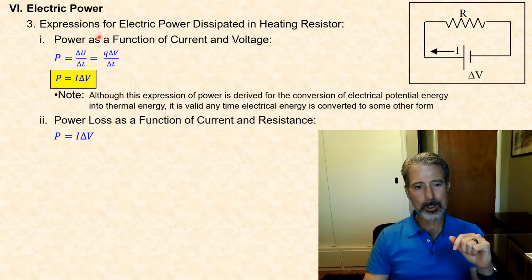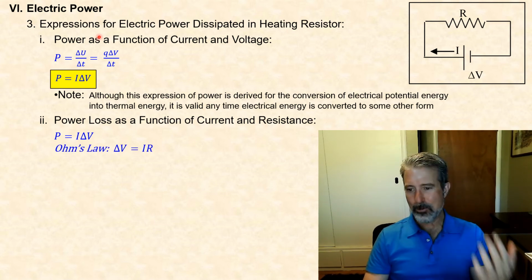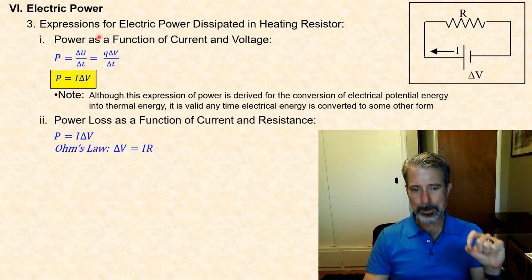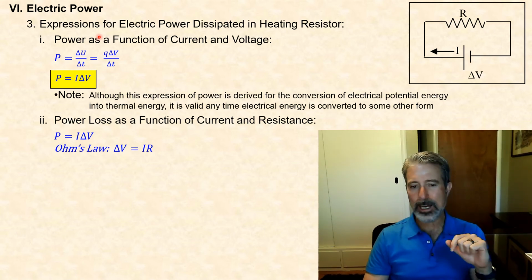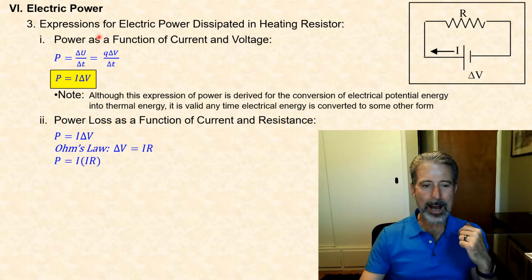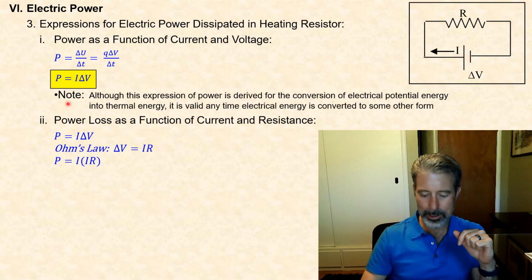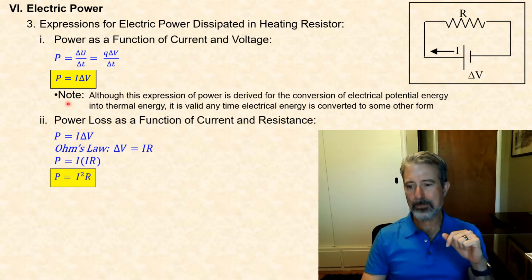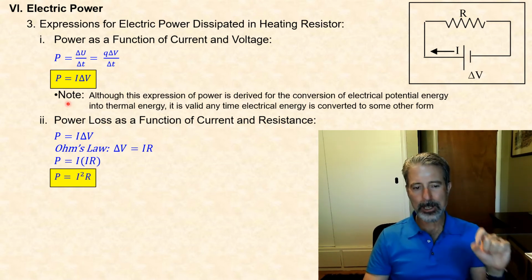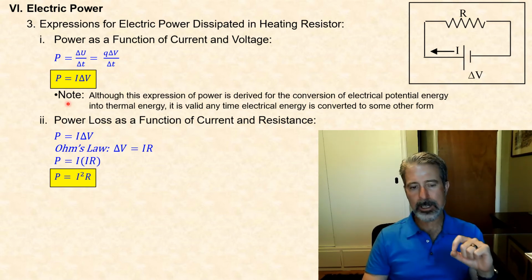So starting with this expression we derived, remembering that Ohm's law says that this potential difference goes like current times resistance, and making that substitution, we can now write electric power goes like I squared, the current squared, times the circuit resistance.